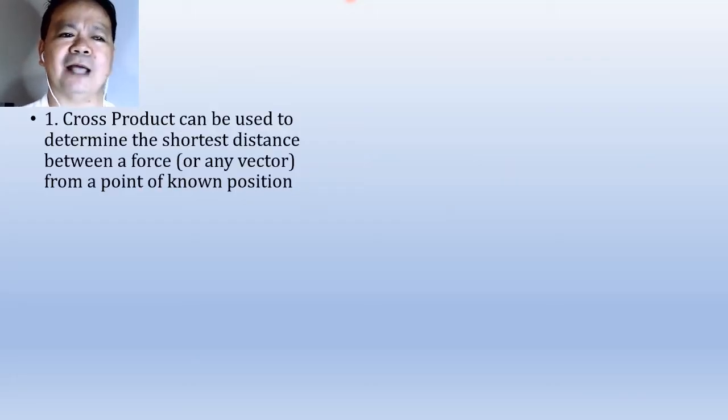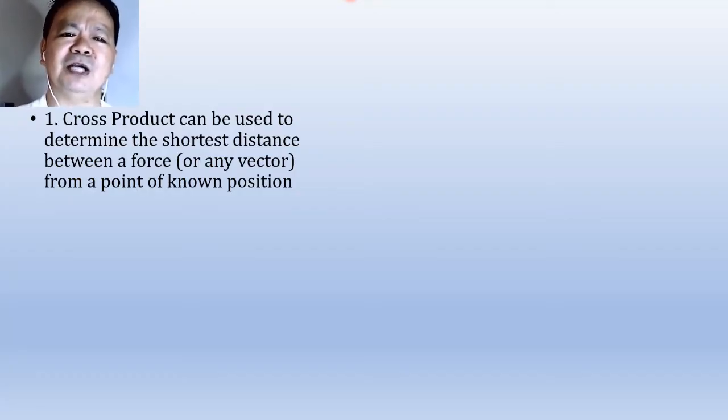So, here is the application of the cross product. We say that the cross product can be used to determine the shortest distance between a force or a vector from a point of known position.